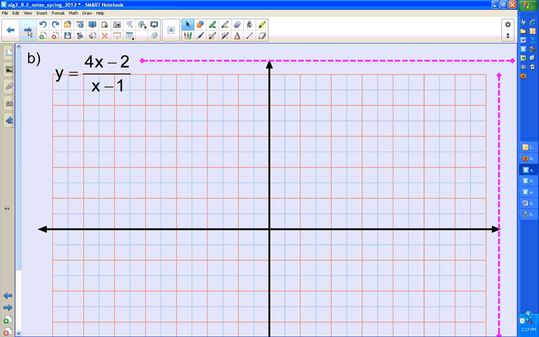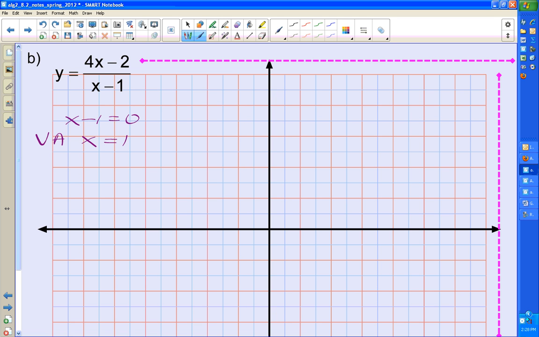Vertical asymptote. Take the bottom, set it equal to 0. What's the vertical asymptote? Well, x equals 1. So you take x minus 1 equals 0. X equals 1 is your vertical asymptote. Is it because 1 minus 1 is 0? Nope. In the bottom, x minus 1, set it equal to 0 and solve for x.